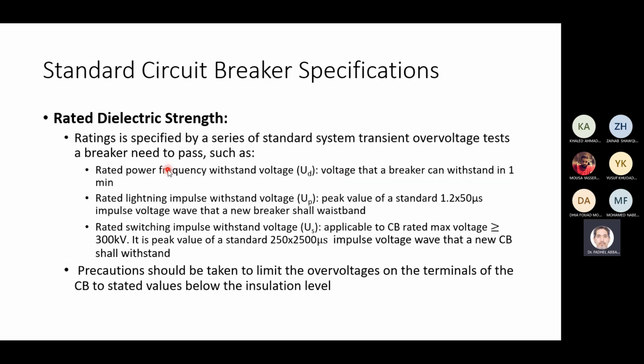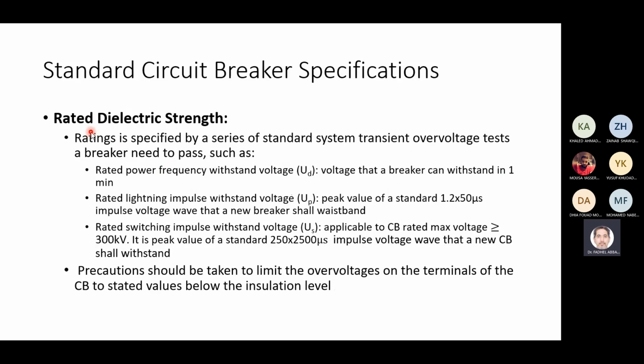There is also rated dielectric strength. Rated dielectric strength here is related to the voltage. The medium we use, such as vacuum, air, or SF6 in the circuit breaker, has a dielectric strength.